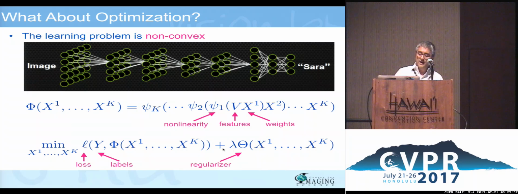And then we put some regularization on the weights. In the 80s, that regularization would simply be the sum of the squares of the entries of the weights. Today, often there is nothing. So the second term doesn't exist, and instead people do dropout, for example.